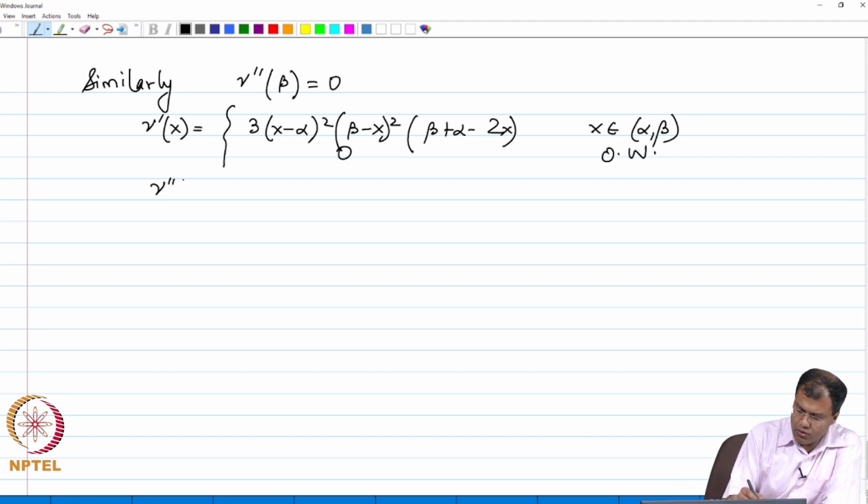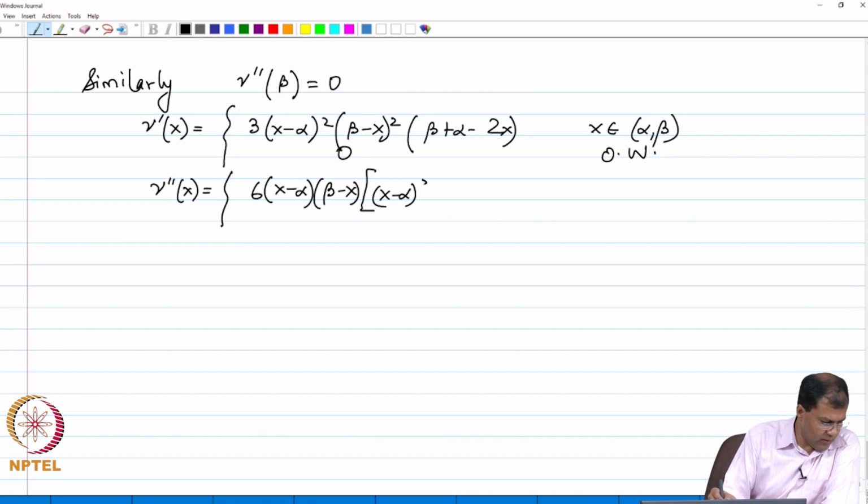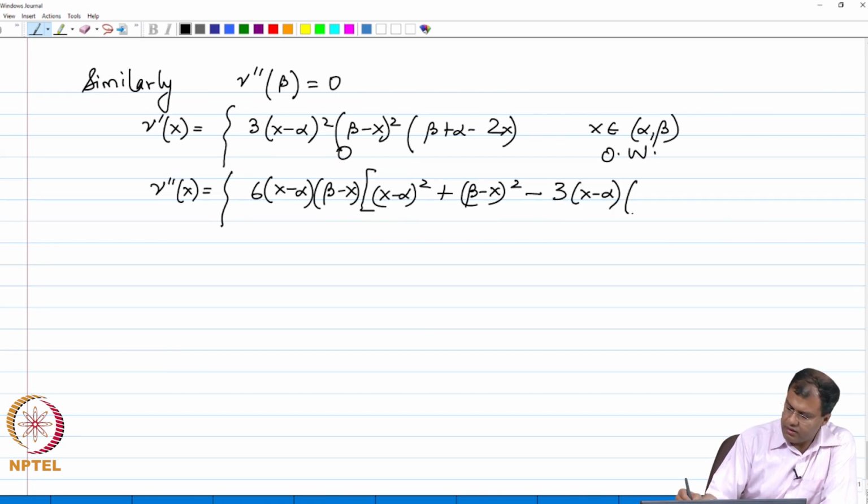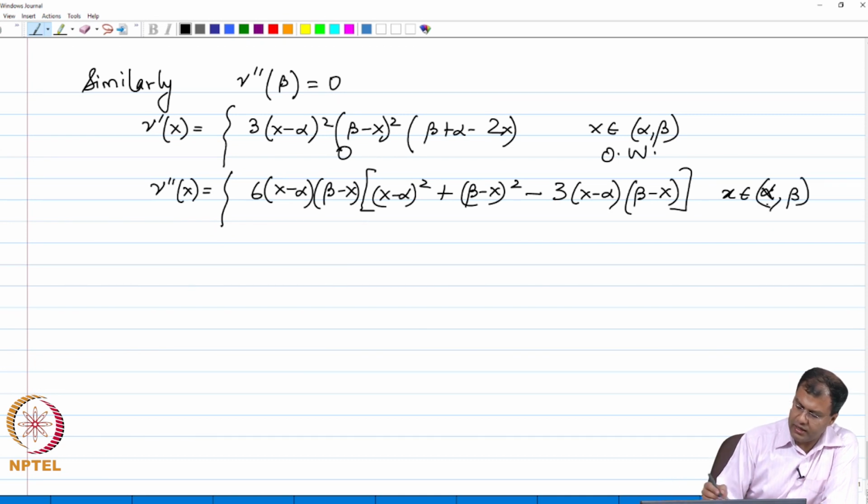And I have that nu double prime x is 6x minus alpha beta minus x times x minus alpha square plus beta minus x square minus 3 x minus alpha beta minus x, right, for all x inside this interval alpha beta, and it is 0 otherwise.